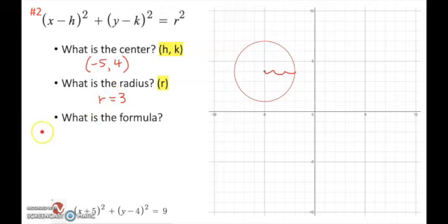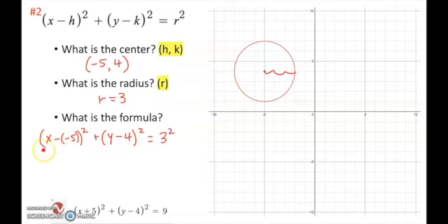So what's our formula? Let's plug it in. X minus h squared is going to be x minus, what's our h? It's -5 squared, plus y minus k squared is going to be y minus, our k is 4, squared, is equal to r squared, and our radius is 3, so it's going to be 3 squared.